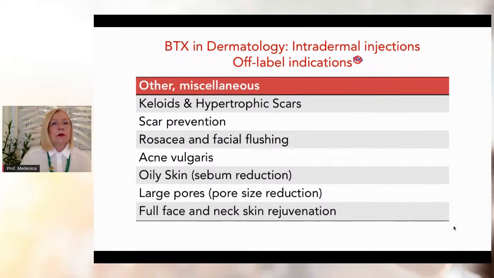Except for all those mentioned indications, we would also like to discuss other possibilities of off-label use indications of botulinum in dermatology. Encouraging results have been seen with the use of botulinum toxin to improve the appearance of hypertrophic and keloid scars, even in scar prevention.